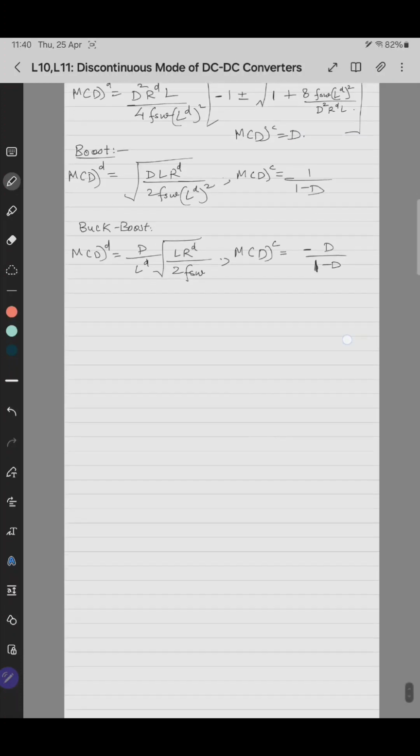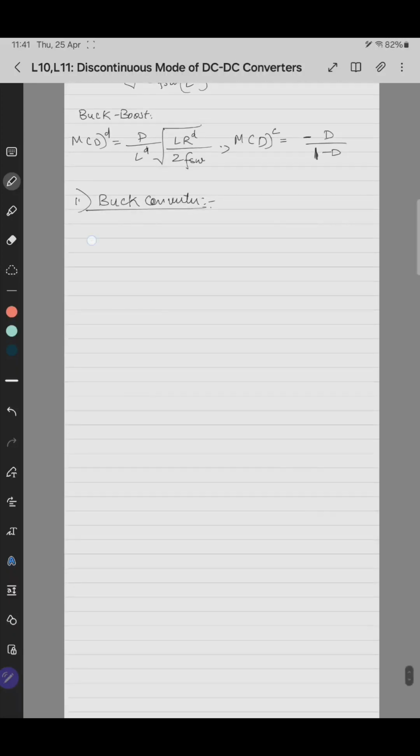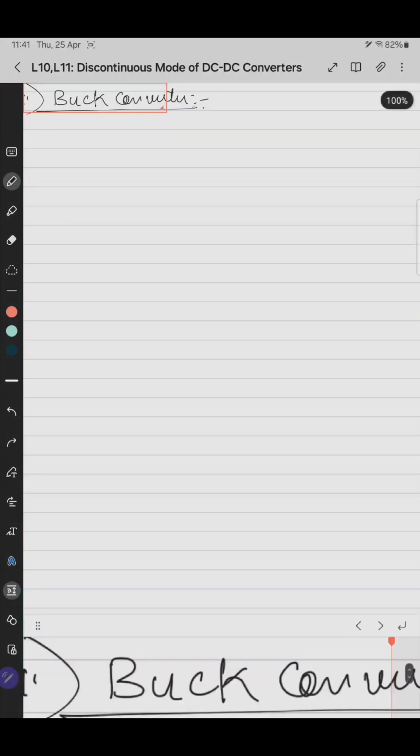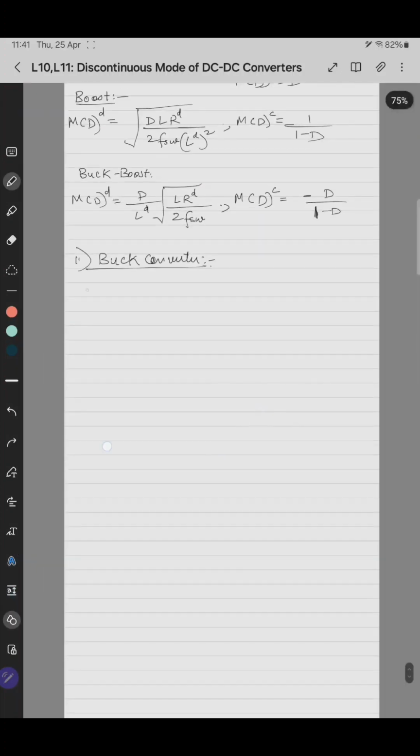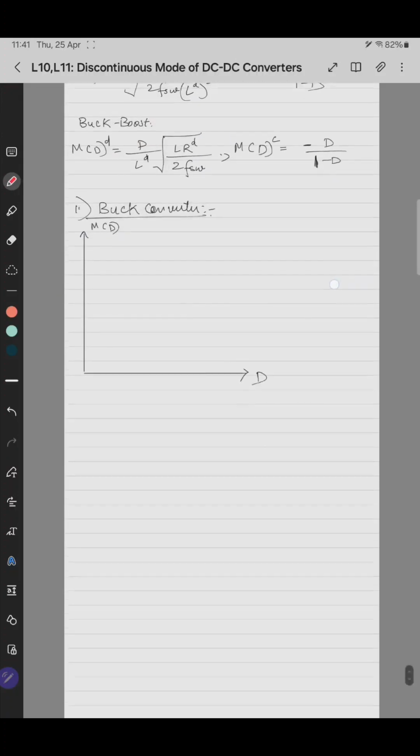So if you plot first for buck converter, here is D and here is M of D. First we'll plot for CCM.